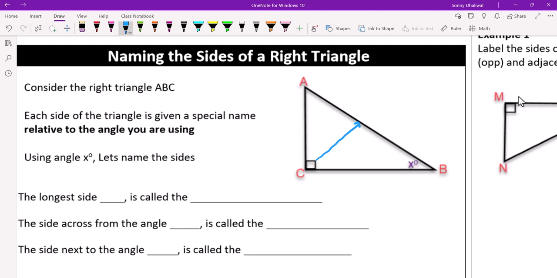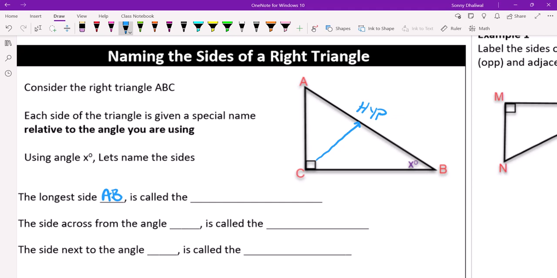What was that side called? Do you guys remember that? Started with the letter H. Hypotenuse. Hypotenuse, right? So I'm going to write down HYP, right? So now in our notes here, I'm going to say the longest side is side AB. So we're going to have letters around the triangle, and in each corner we have letters.